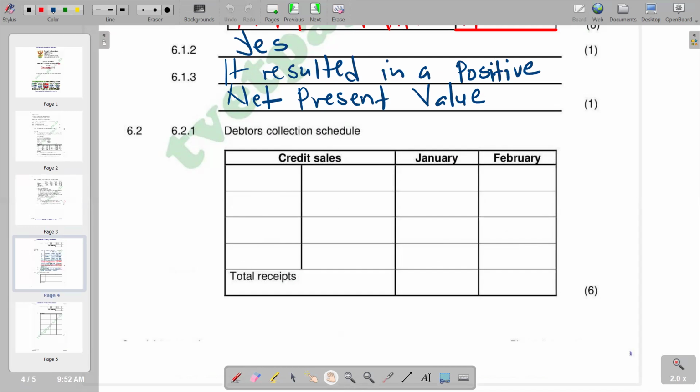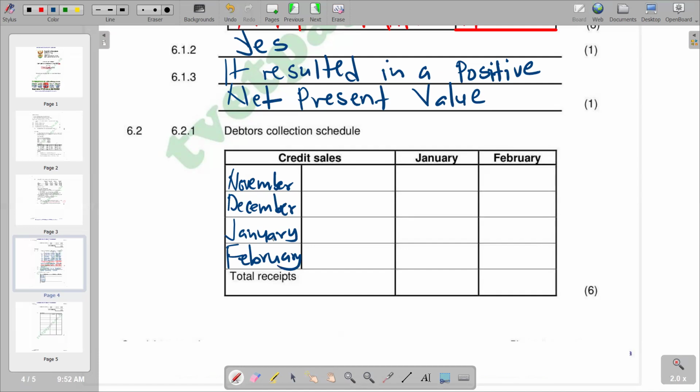So this is what we have: November, December, January, February.